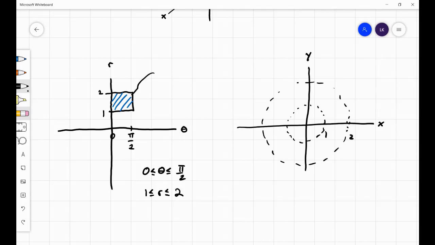This region is all points where r is between 1 and 2. So that would be this angular region, all points which are at least a distance 1 away from the origin, but at most 2. That comes from r being between 1 and 2.